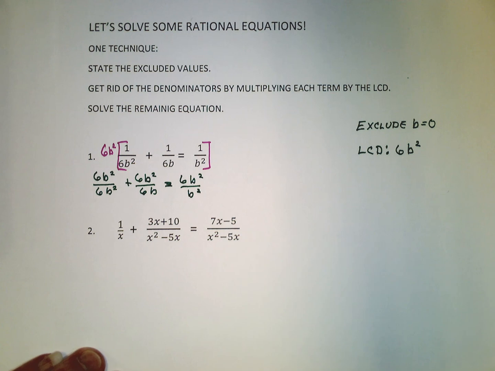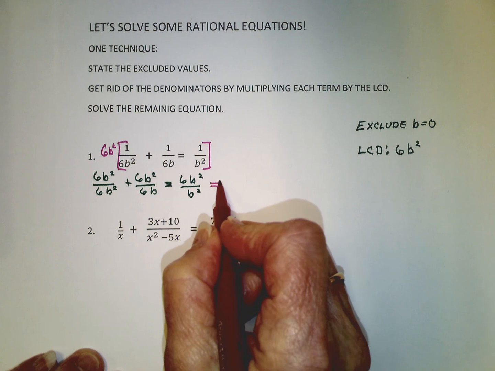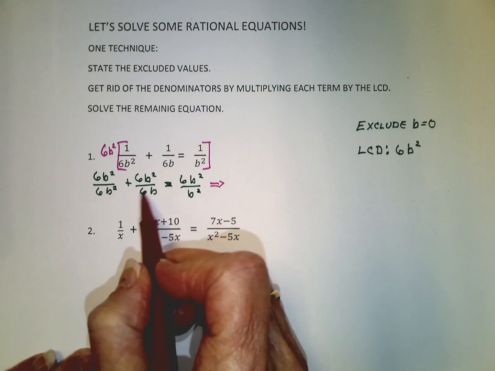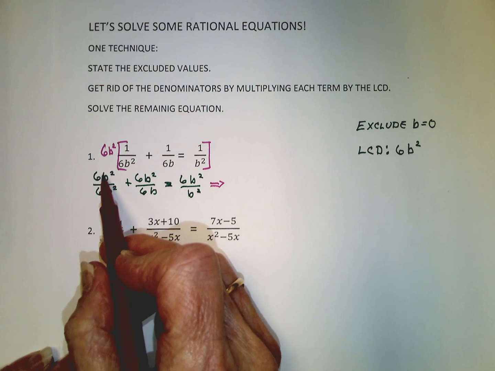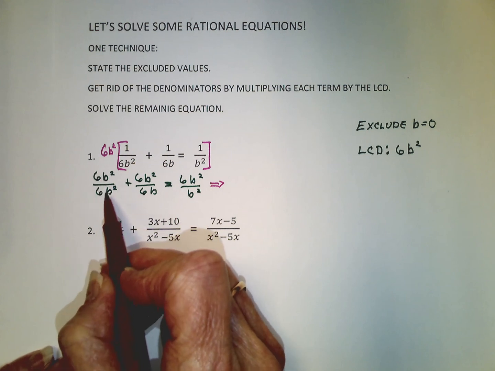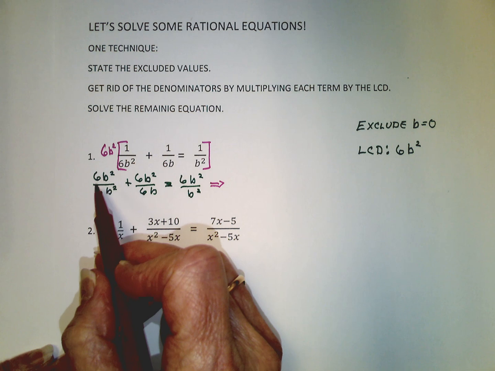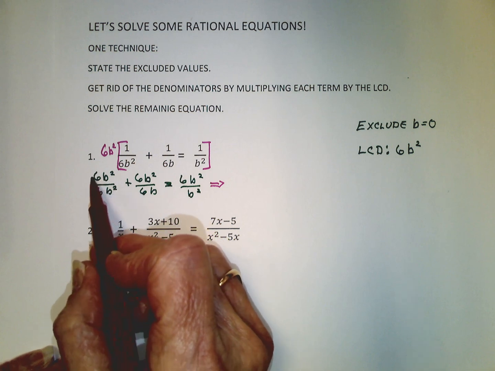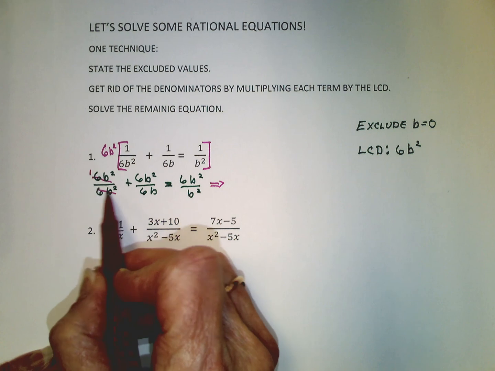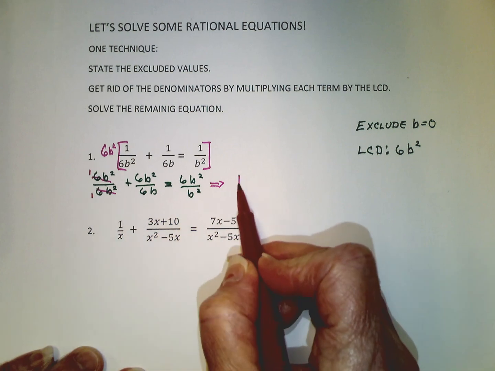Now if I did that correctly, all of these are going to get rid of the denominator. We have 6b squared over itself, so they will cancel out, but that doesn't mean that it totally disappears. 6b squared into itself goes once, so that's going to be a 1.